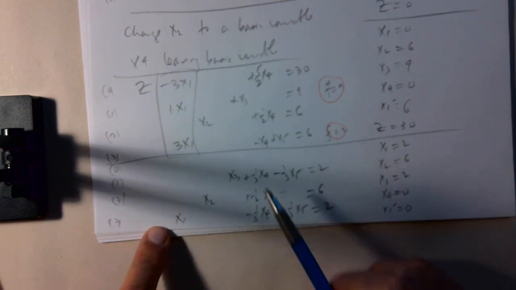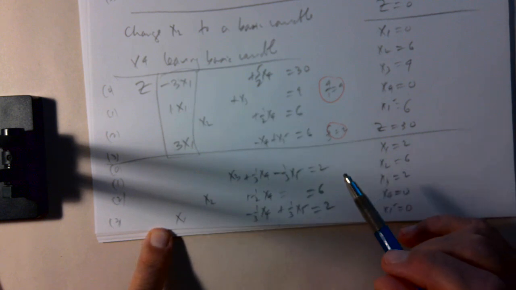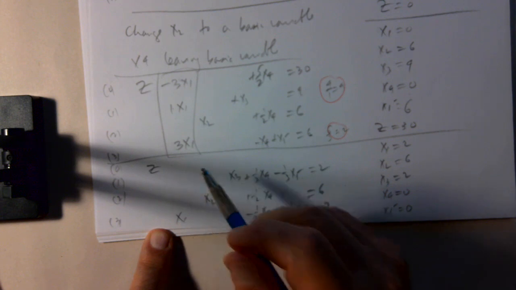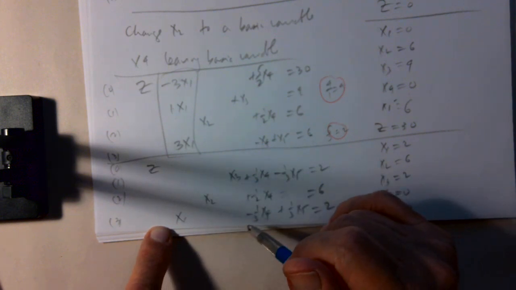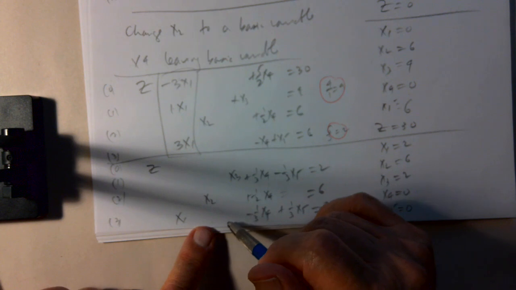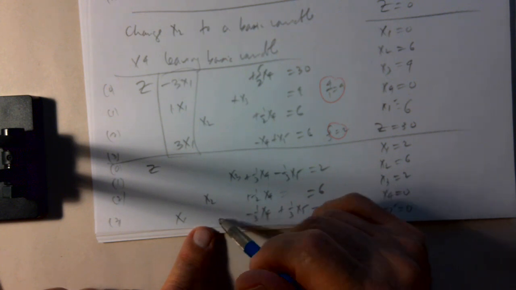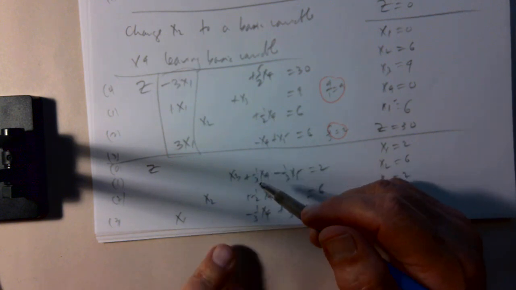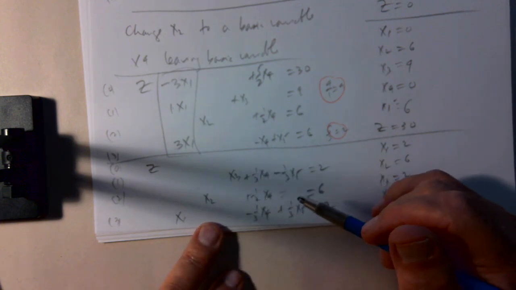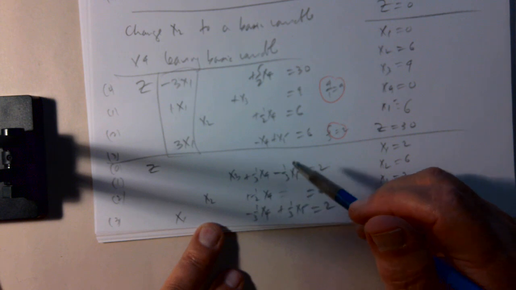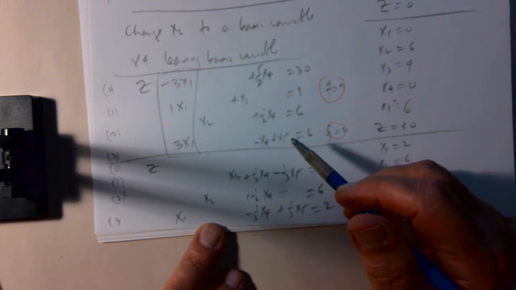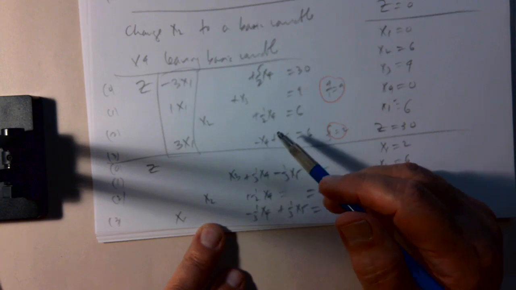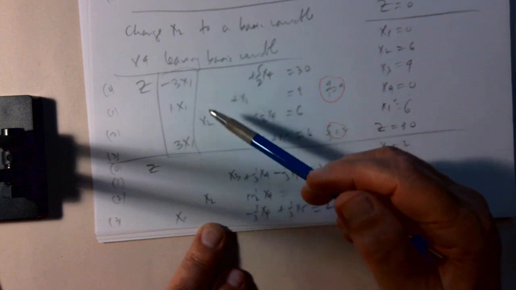If I add 3 times this equation to my objective function equation, I get z, 0, x1, 0. It's easy enough just to add this equation to this.